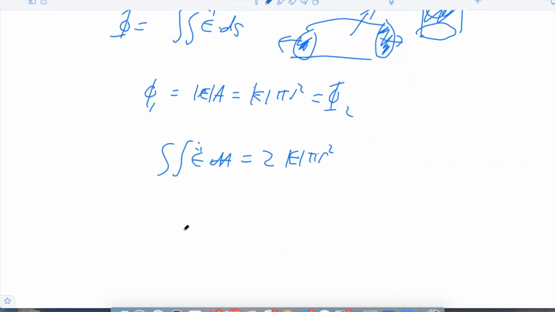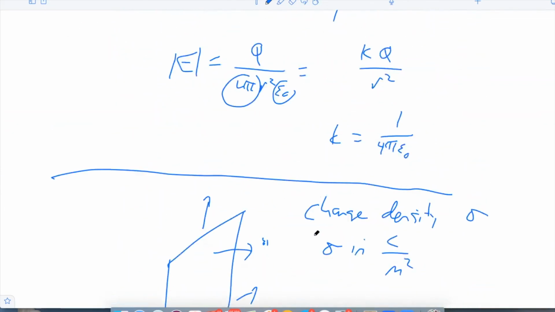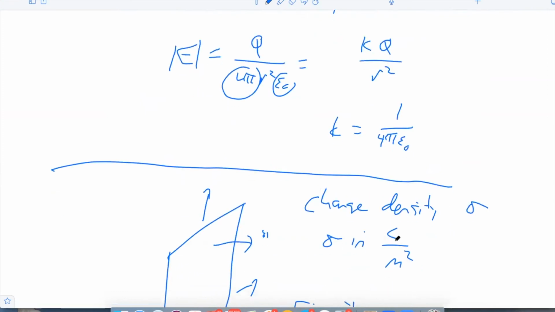Okay, what about the other side, the Q enclosed? Q enclosed is always going to be your density times the appropriate kind of volume enclosed. Here, my density was coulombs per square meter. So by volume enclosed, I mean area enclosed. We don't have any volumes.